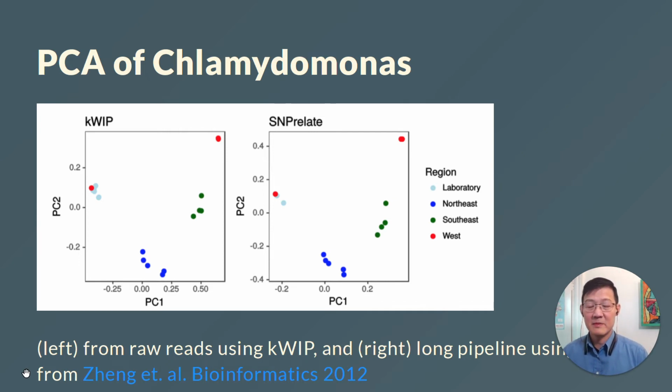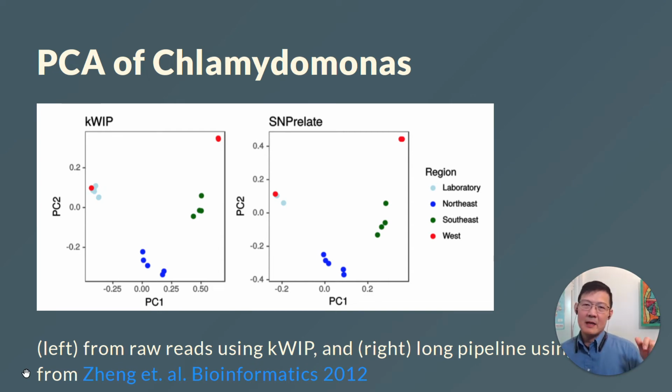And because we have a vector, we can do standard machine learning, and we did PCA and plotted the data points here. Each dot here is a particular organism. The two axes are the first and second principal components, and the colors are basically the location where they got the sample of the pond scum.